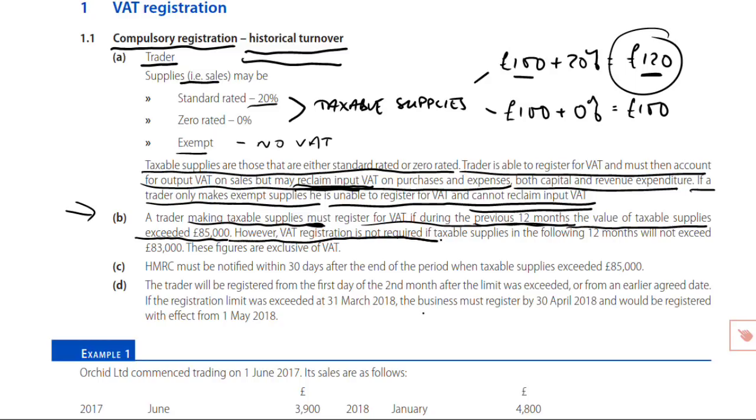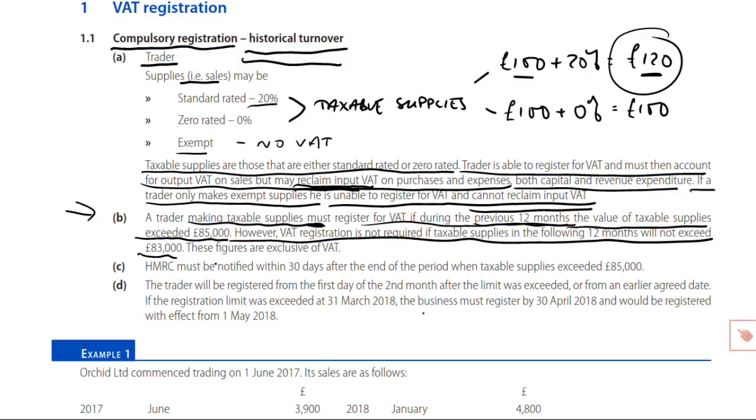VAT registration is not required if taxable supplies in the following 12 months are not going to exceed 83,000. That's going to be the deregistration limit. Traders come into the VAT system, and they may also leave the VAT system if their levels of taxable supplies fall.